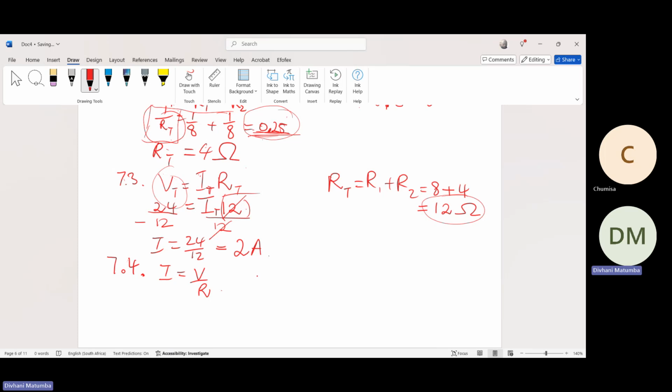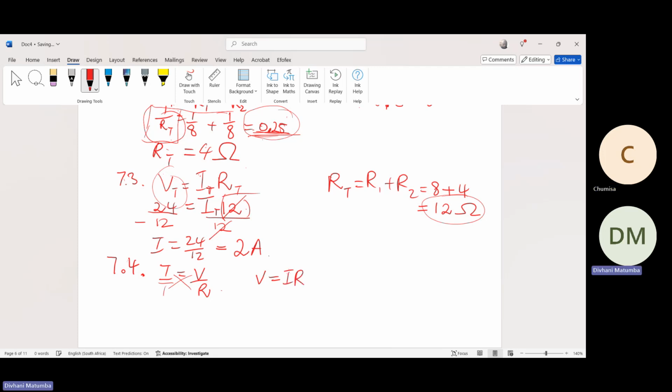Now, from Ohm's law, your V is given by... what is the formula for calculating V? V is equal to I times R.